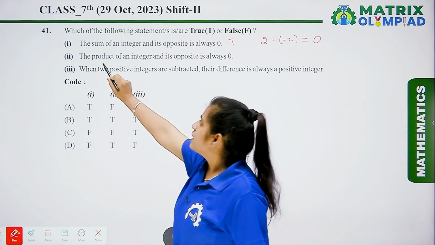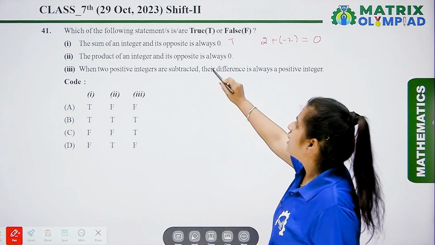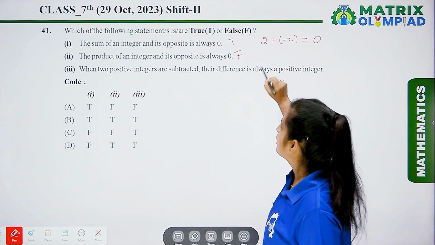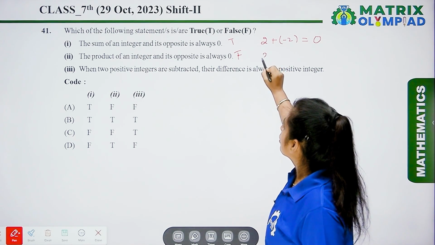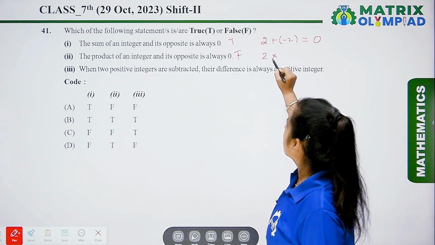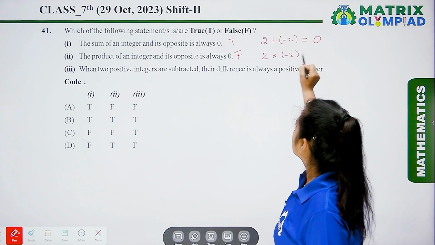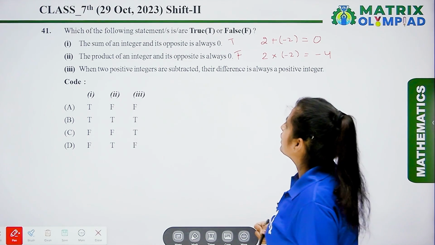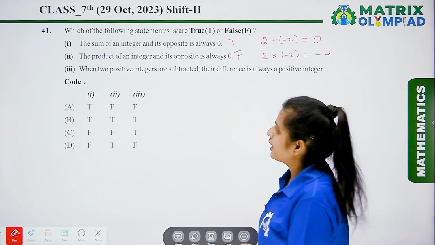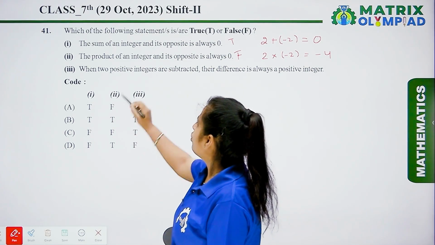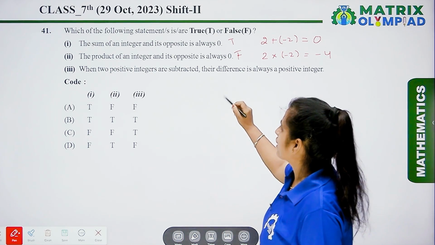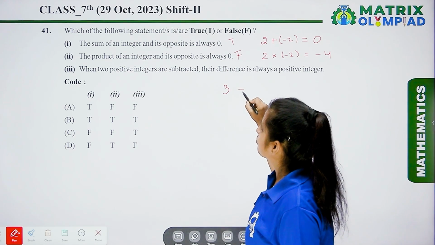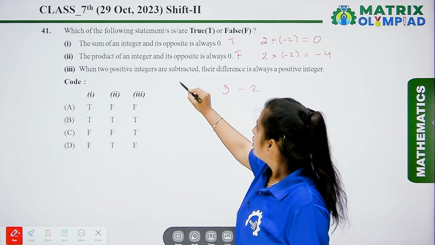The second statement is the product of an integer and its opposite is always 0. This statement is false. Example is 2 multiplied by its opposite, that is equal to minus 4. So this statement is false. The third statement is when two positive integers are subtracted. Let's take 3 minus 2.